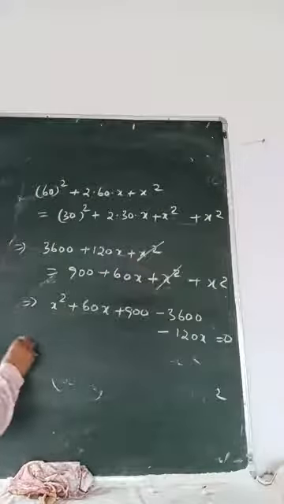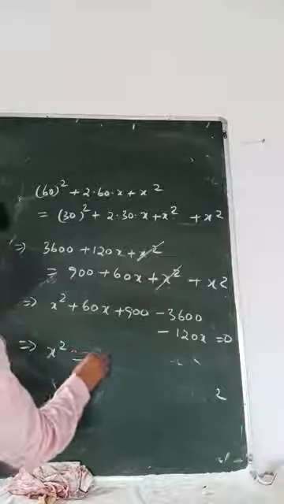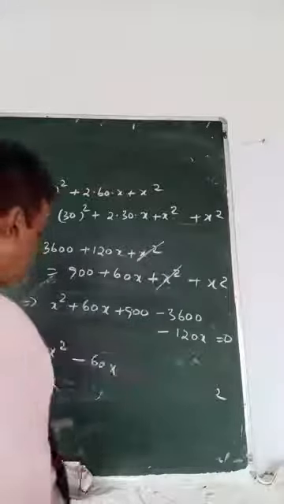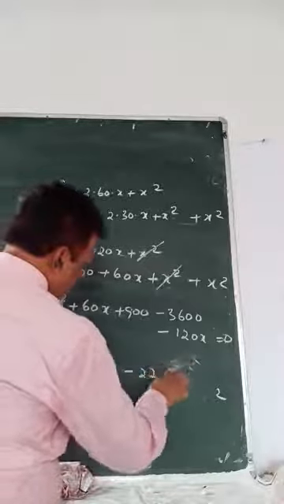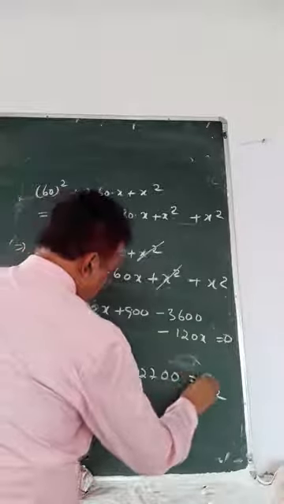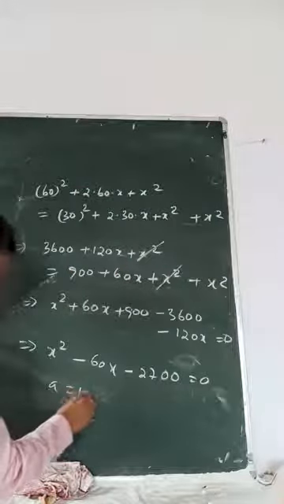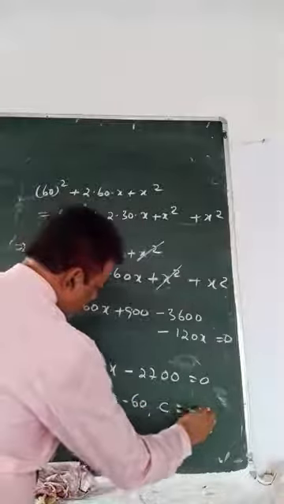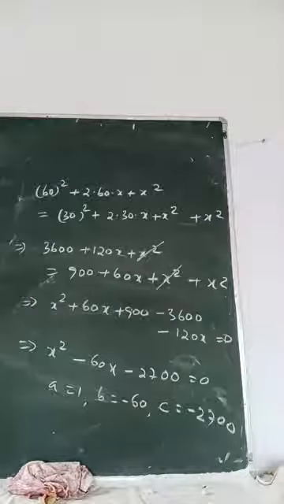So implies x square minus 60x minus 2700 equals 0. Let's find a, b, c. a equals 1, b is minus 60, c is equal to minus 2700. Okay, use the formula. What will you get?